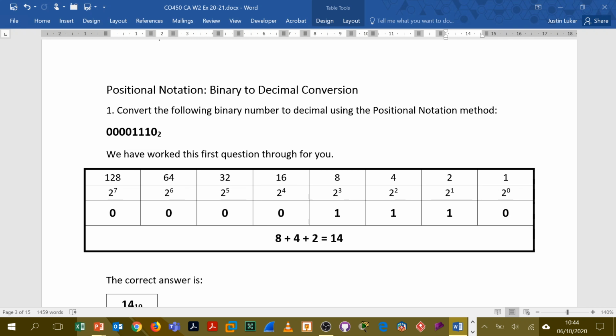So we've got 1 under 2 to the 3, so we've got 8. We've got 1 under 2 to the 2, which is 4. And we've got 1 under 2 to the 1, we've got 2. And those are where the 1 bits are. We take those numbers, 8, 4, and 2 in this case, we add them together and we get 14. And 14 is the decimal conversion of that binary number.